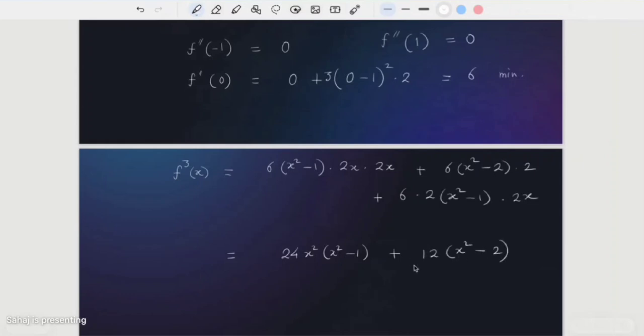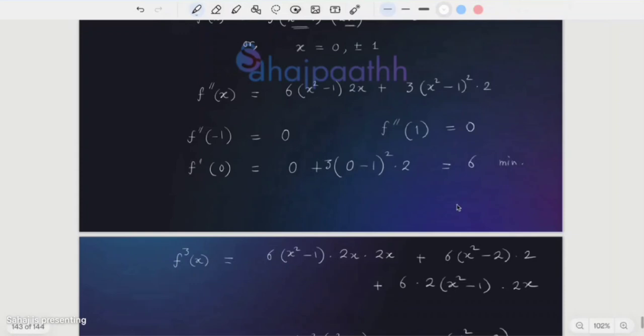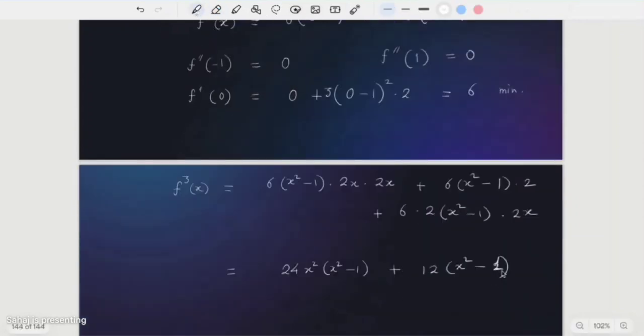Where did you get this x squared minus 2? There should be 1, no? X squared minus 1. Yeah, I said one only. And then we got 24x into (x squared minus 1).